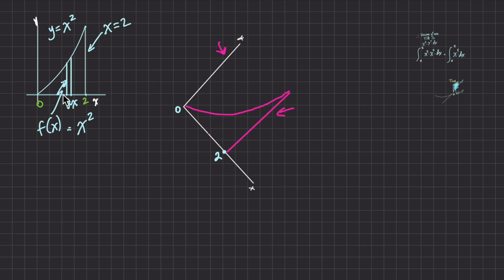Now we're going to draw our little rectangle. And again, as we draw that, we're going to try to keep this parallel to the y-axis. All right, so that gives us the base that we were talking about over here. Now, we already have that length. We figured out that that length is going to be x squared.